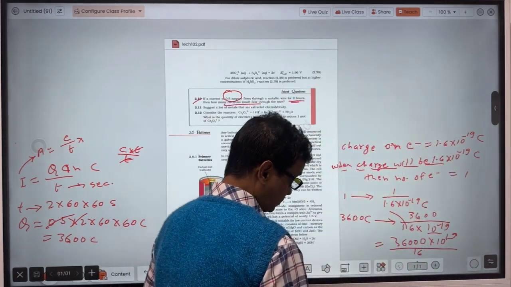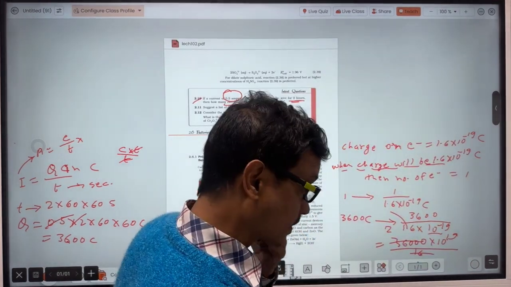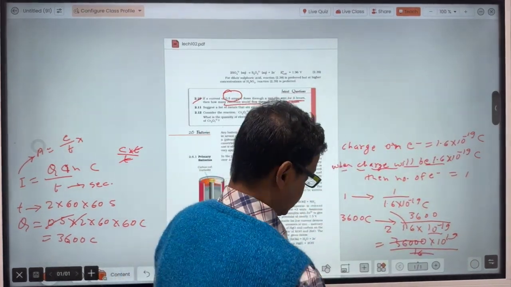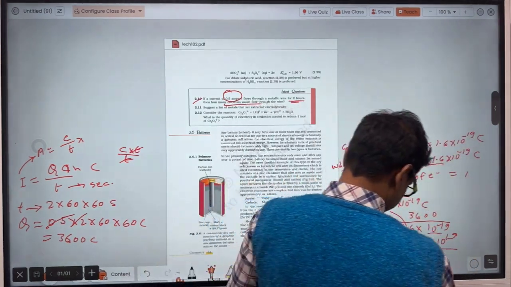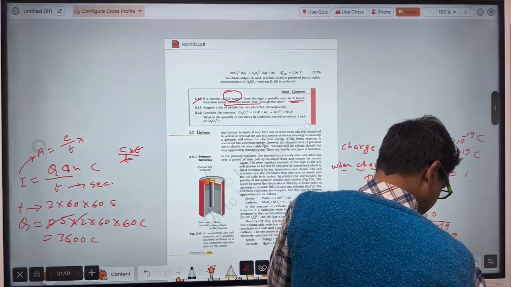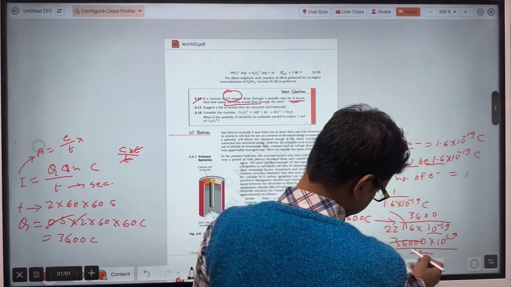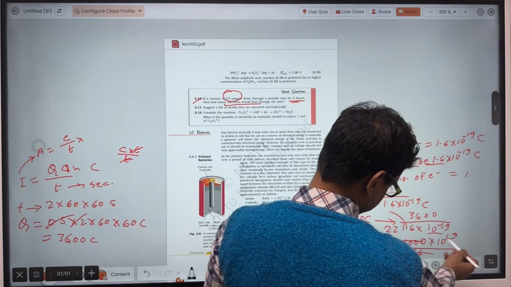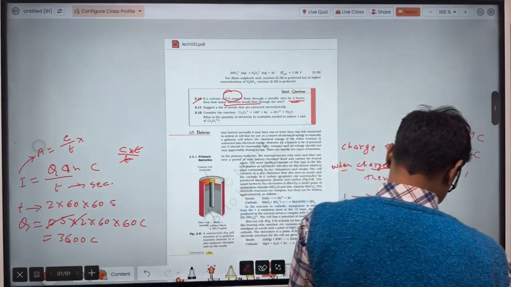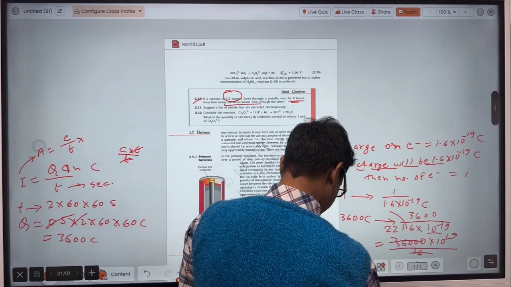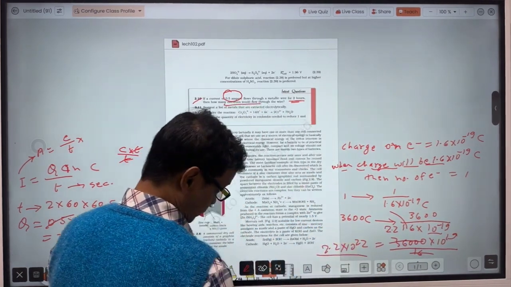In the examination, what will you do? 16 times 2 is 32, carry 4, and so on, so it is near about 2 here, with 10 to the power 19 and 3 zeros, so 19 plus 3, that is 22. So that will be 2.2 into 10 to the power 22 electrons, near about.